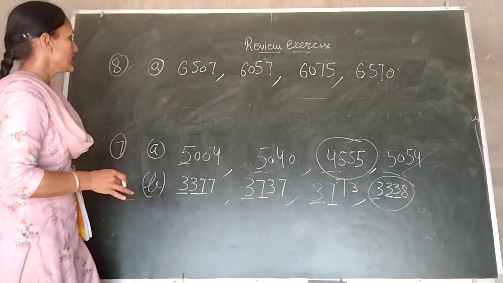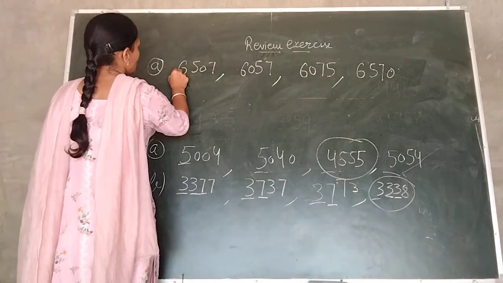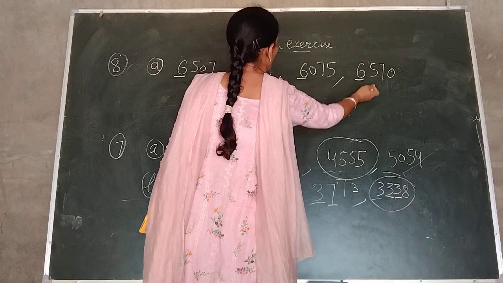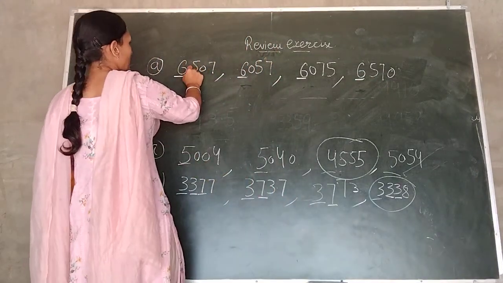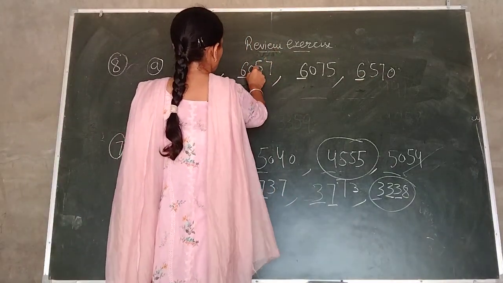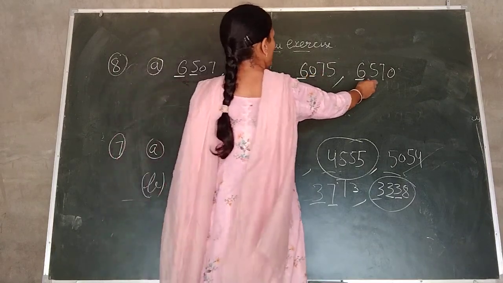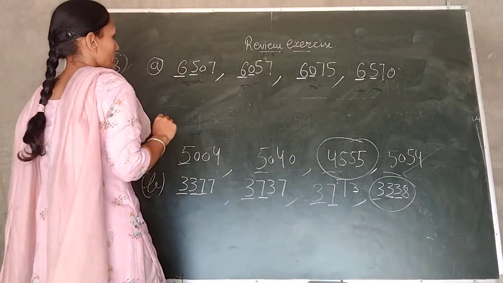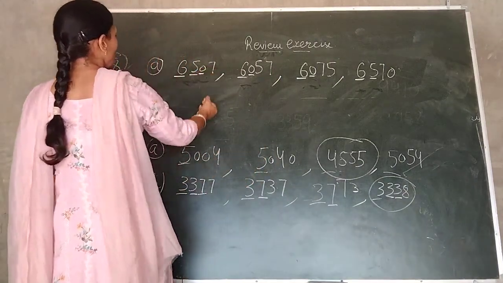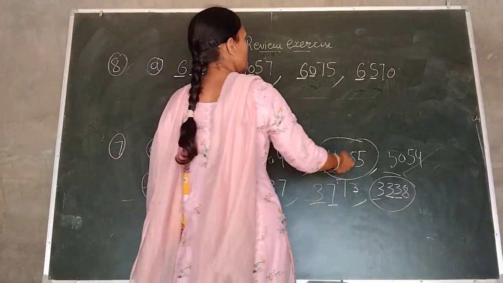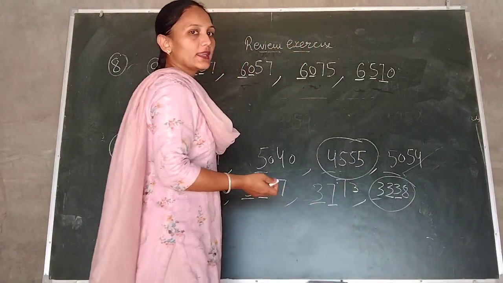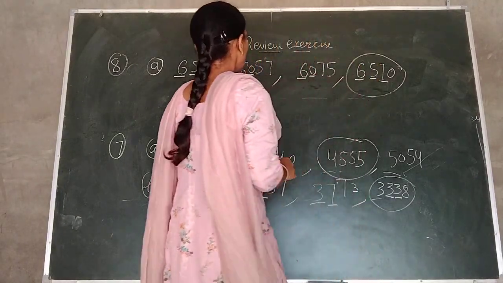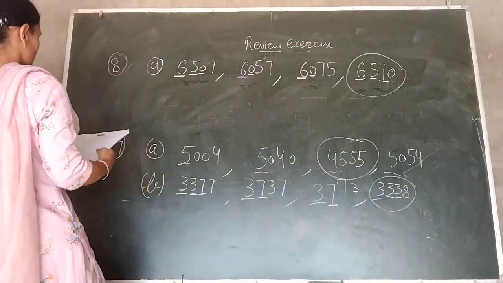Which is the greatest number? First of all, we will compare the digits in thousand place. All are same. Next, we will compare the digit in hundred place. 5, 0, 0, 5. Which is greatest? 5. But we have 5 at 2 places. Next, we will compare the next place. Here it is 0. Here it is 7. Which is greatest? 7. So it means 6570. This is the greatest number.